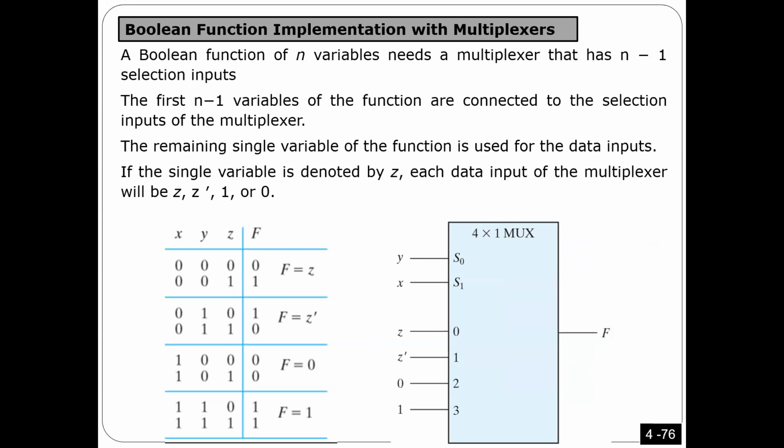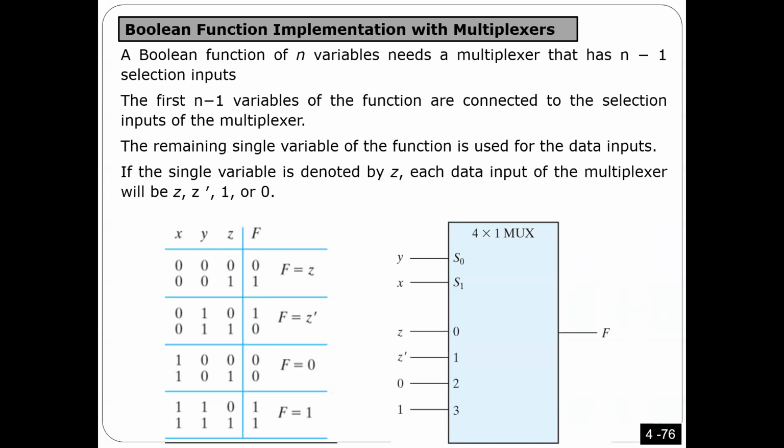Let's think about the naive way first. Assume I have this function here. This is a truth table, and it has nothing to do with a multiplexer yet. It's a function: when the input is x, y, z, the output has to be f.